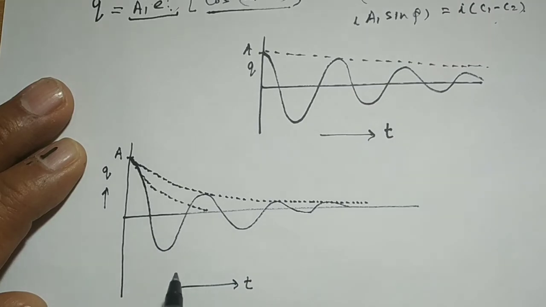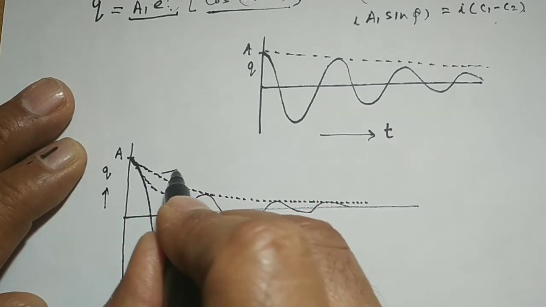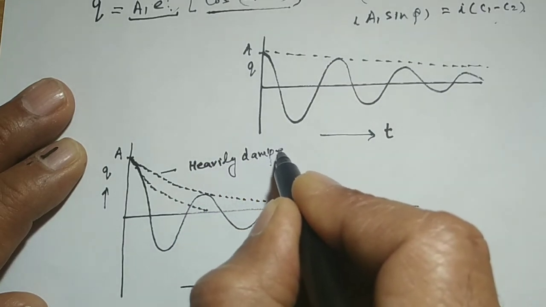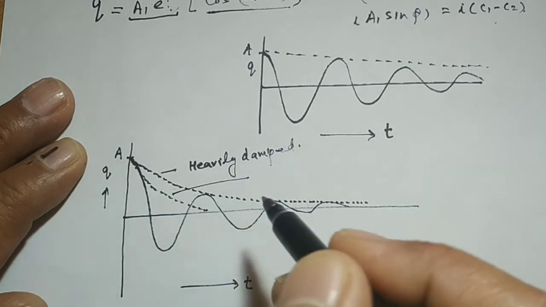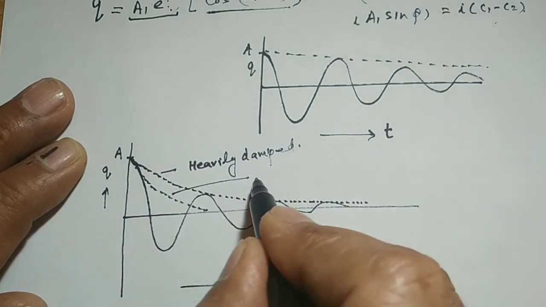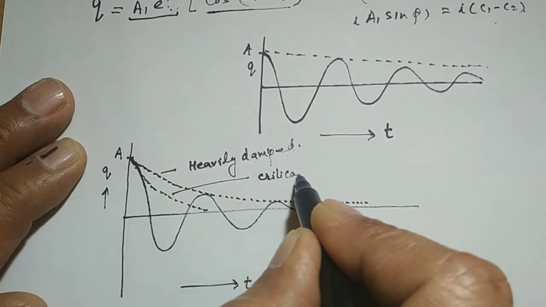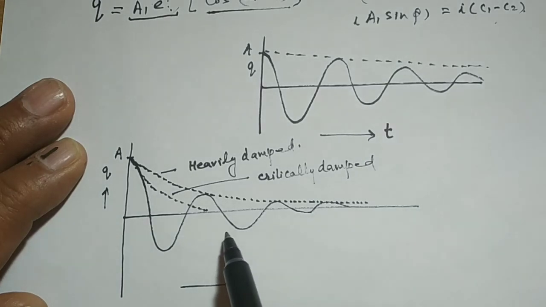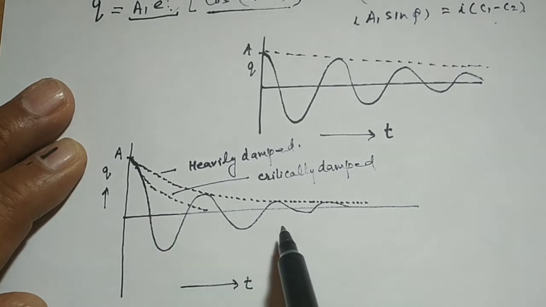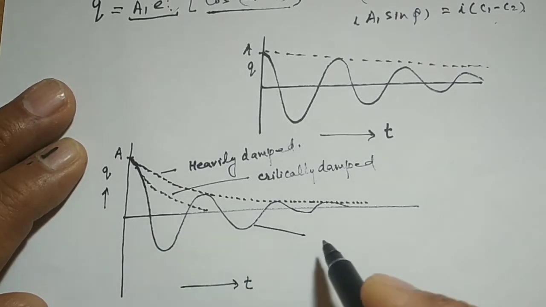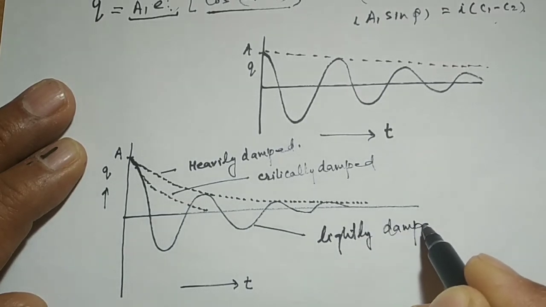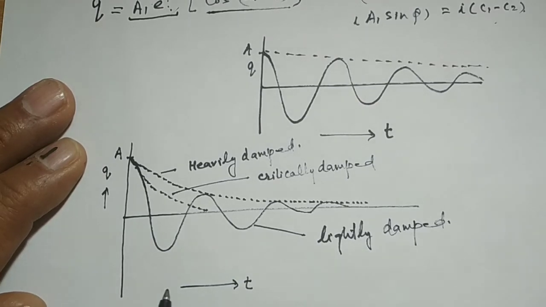So all these three cases you can show. One is the heavily damped case; second, when it comes to 0 very sharply, that is critically damped; and the third case is when it is varying with the cosine function, or is oscillatory with a decaying amplitude, that is called the lightly damped harmonic oscillator.